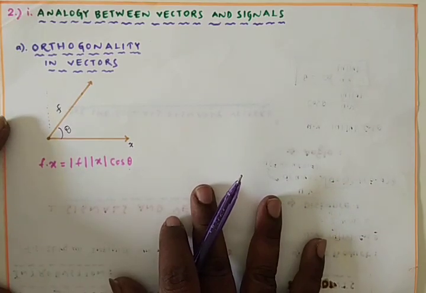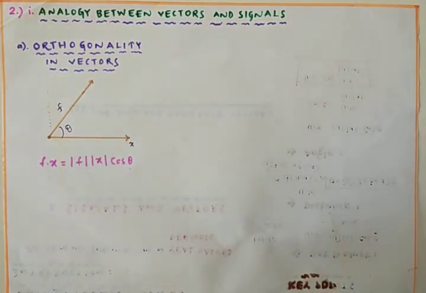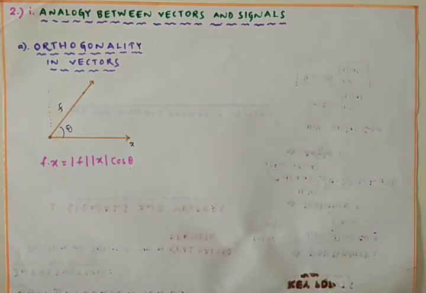That means if two vectors are perpendicular to each other, then the dot product of those two vectors is equal to 0. This point is very clear. That is orthogonal: two vectors are said to be orthogonal if they are mutually perpendicular.